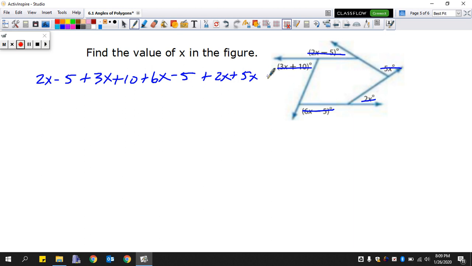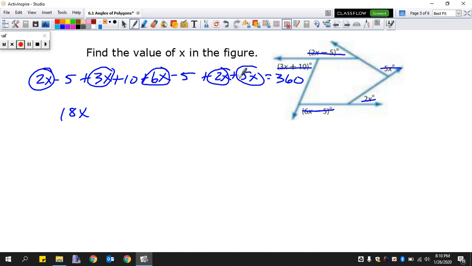All right? And we're just looking for a value of x. Okay, collect the like terms. 2x plus 3x is 5x plus 6x is 11x plus 2x is 13x plus 5x is 18x. So we just double check. 2 plus 3 is 5 plus 6 is 11 plus 2 is 13 plus 5 is 18. Okay?